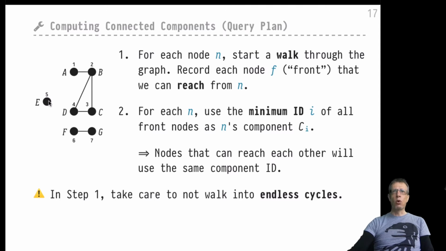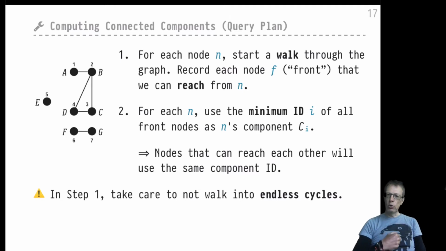Once we've completed our walks, once we cannot reach any new nodes, so there's already some iteration going on, right? So we continue to walk through the graph as long as we can reach and find new nodes that we haven't discovered before. If there is no new node to be discovered, that would mark the end of this particular walking phase.